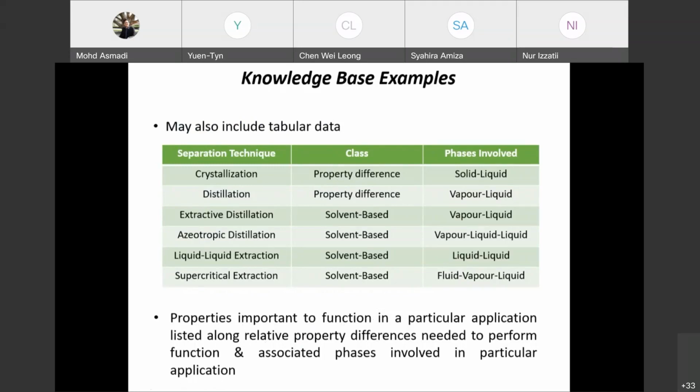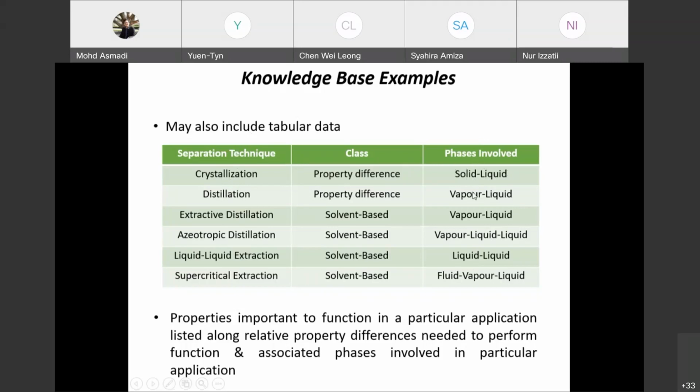This one is the knowledge base of the properties. If you look at here, this is the class and also the separation technique. What phase is involved that we want to separate? Crystallization is a method for solid liquid.